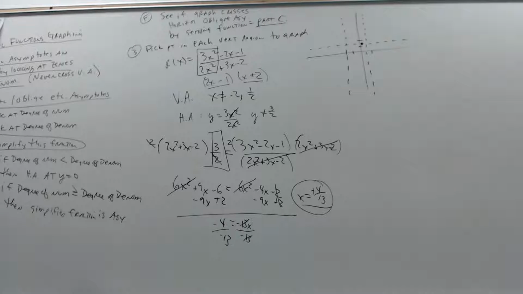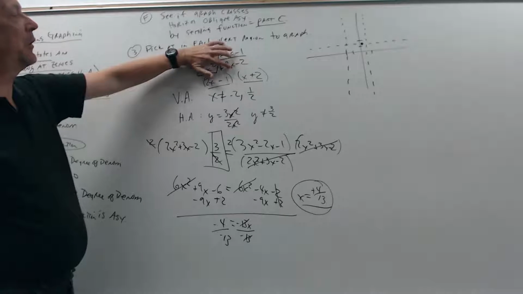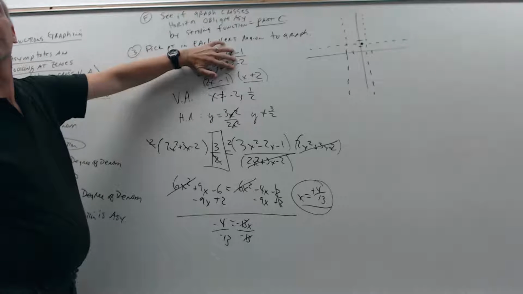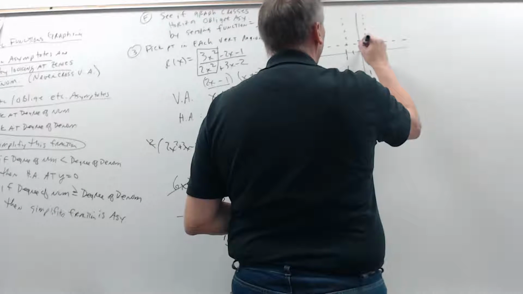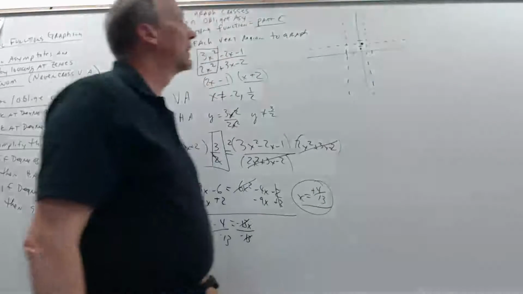Okay. Now, good points to find are intercepts, right? If I set x equal to 0, what am I left with? Positive 1/2. So when x is 0, y is 1/2. Okay?